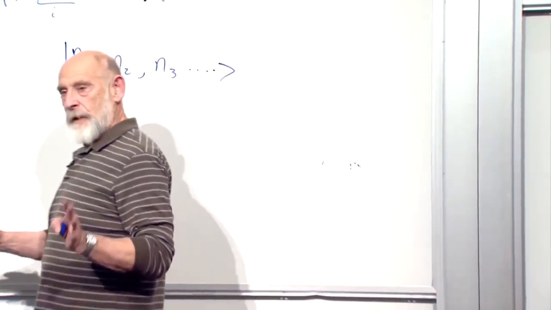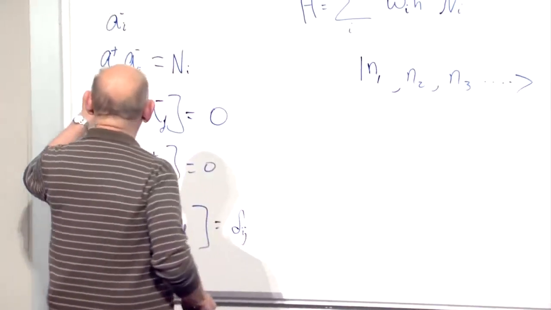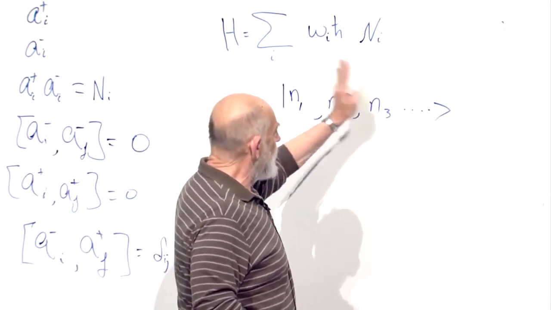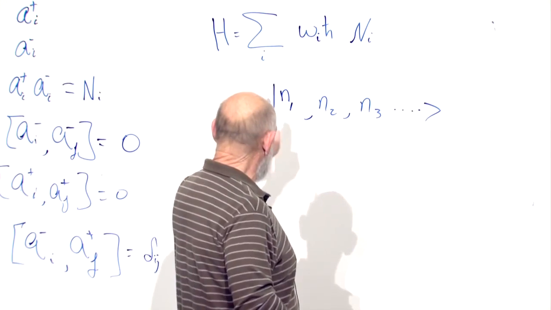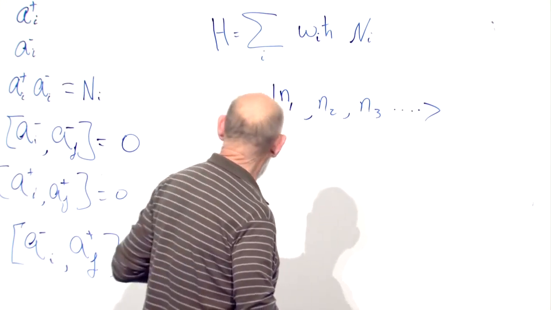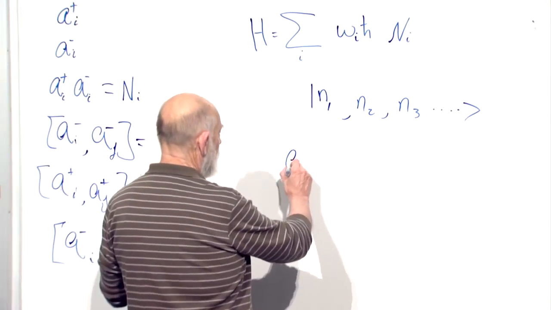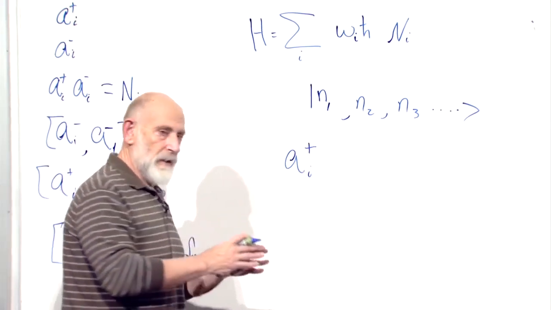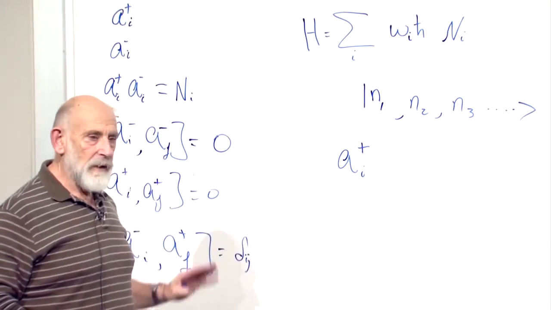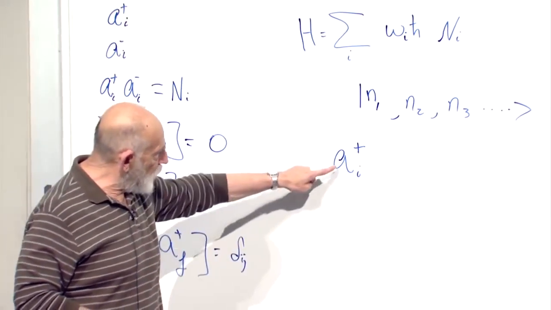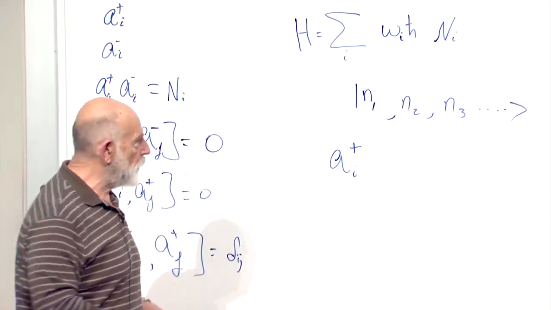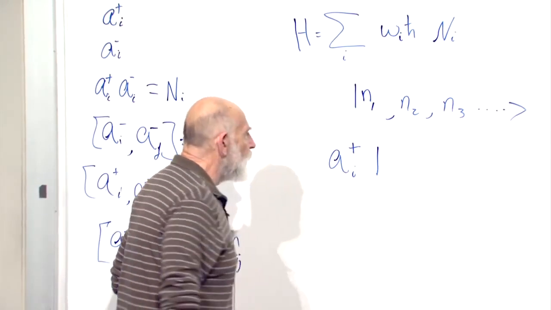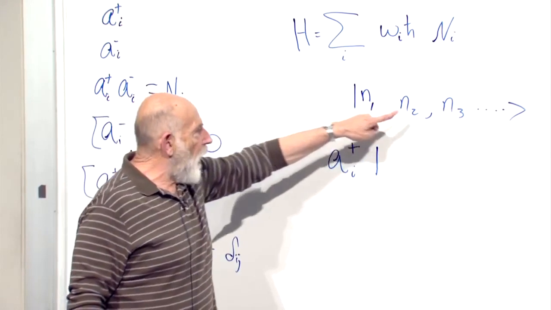Oh, one thing. Here's a particular state which has a certain set of occupation numbers. Let's hit it with a creation operator for the ith oscillator. We're going to the ith oscillator and we're applying 1 unit of creation to it, or 1 unit of elevation. What does it do? Well, it goes over to the ith slot.